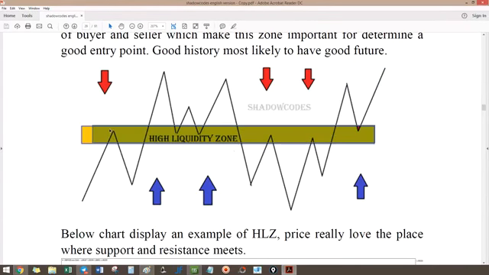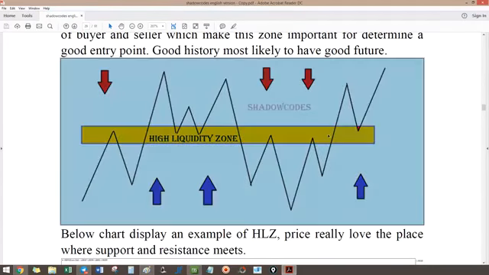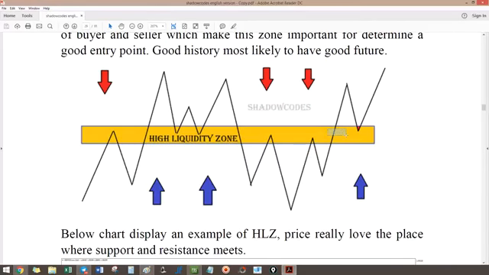For example, you have a support here, a resistance here, a support here, a resistance here. Most likely, after the break of this level, price will retest back here in the zone. You will most likely have a flat limit or a base here.